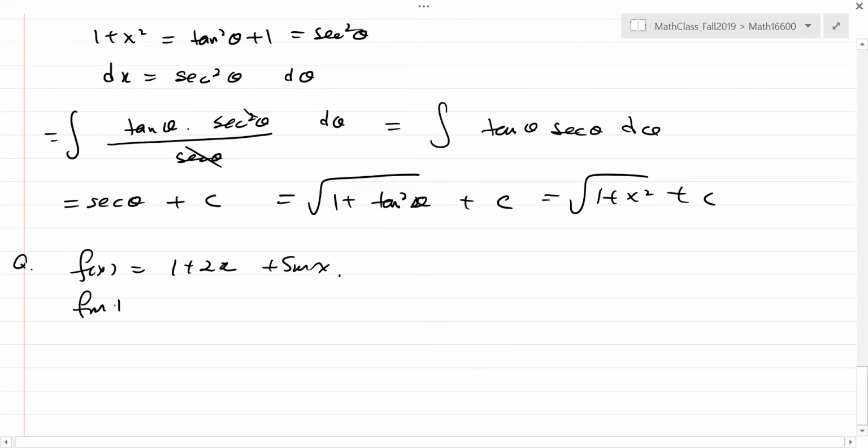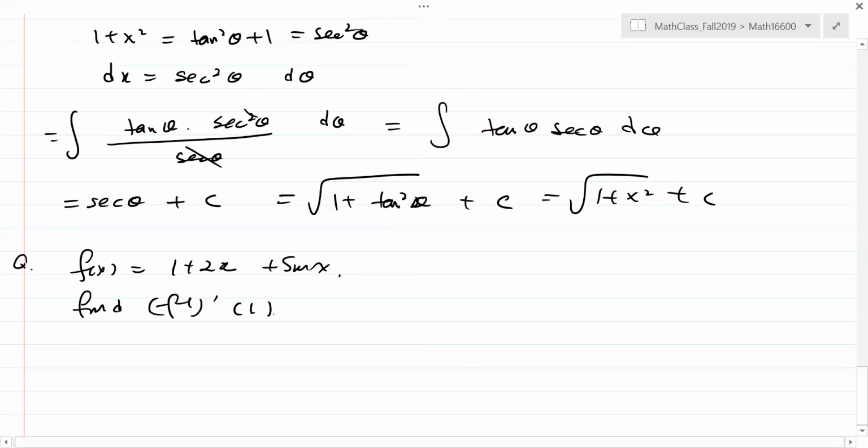We want to find the derivative of the inverse of this. We are not able to find the general formula for the inverse function in this particular case. But we know the function has an inverse. You know why? We don't need to prove it, but I guarantee you.